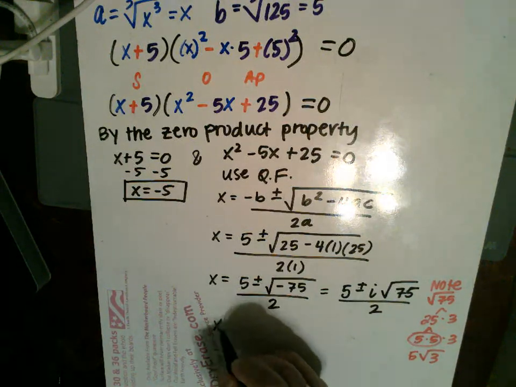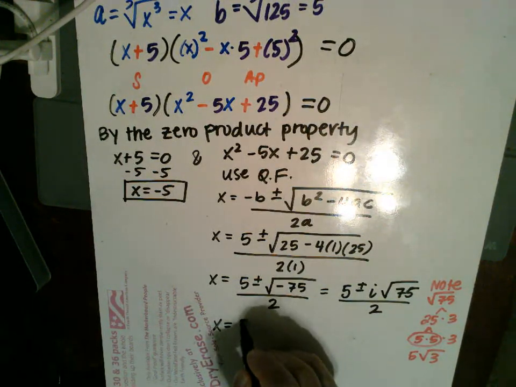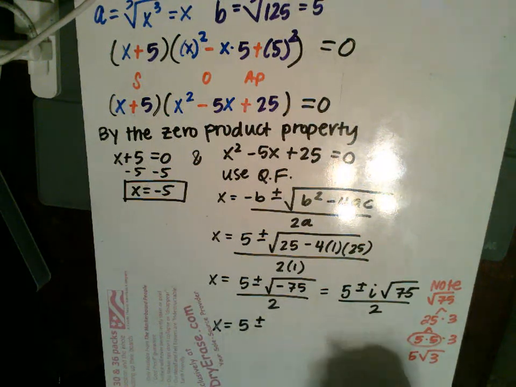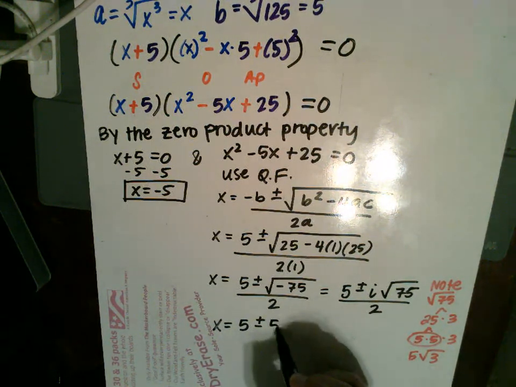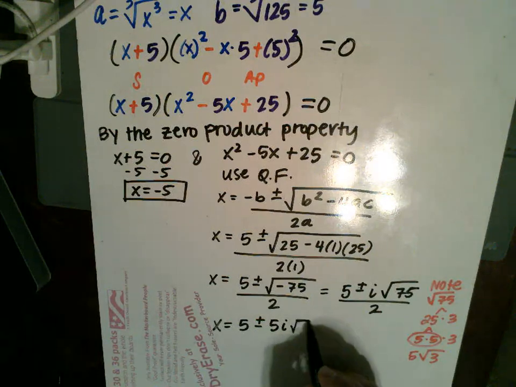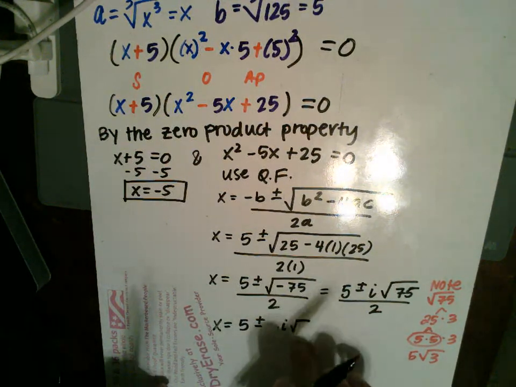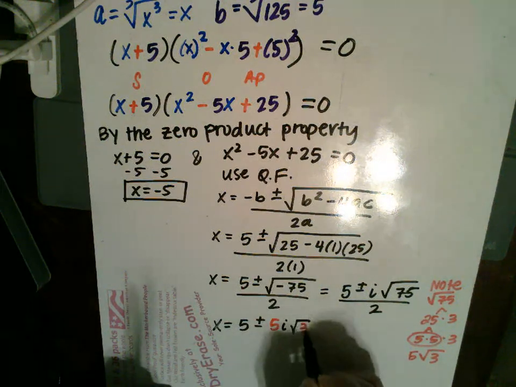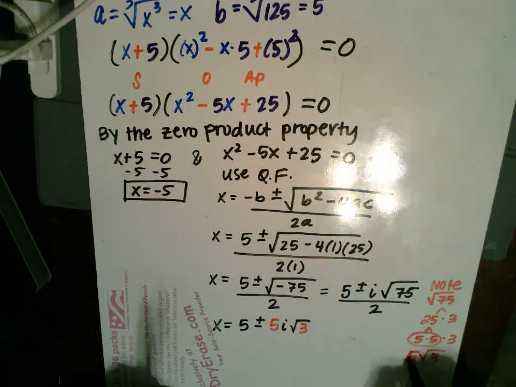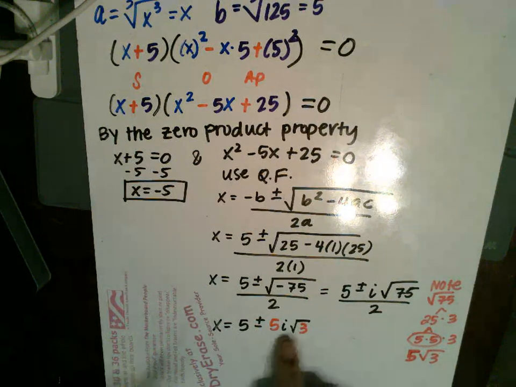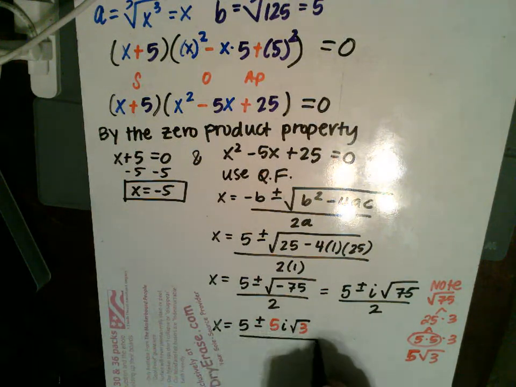So x is equal to 5 plus or minus 5i radical 3, all over 2. This 5 came from breaking down 75. This i came from the negative on the inside.